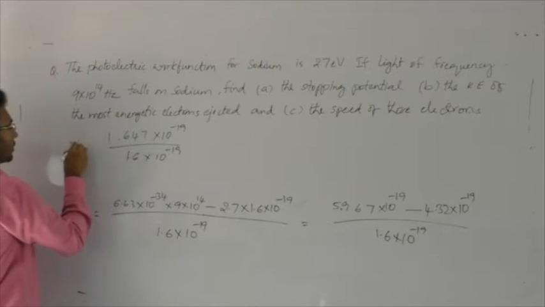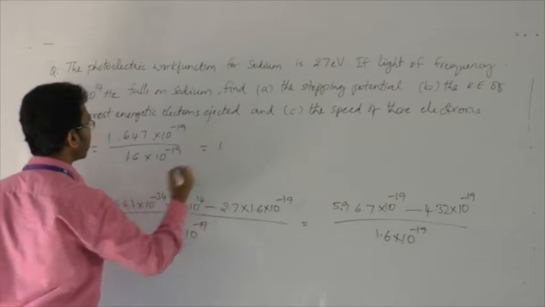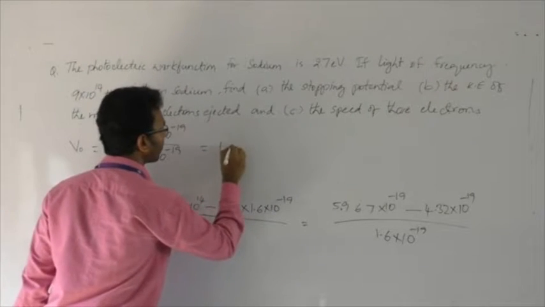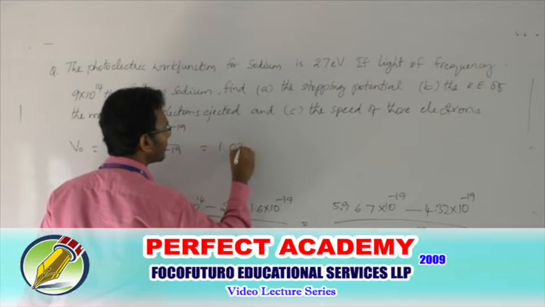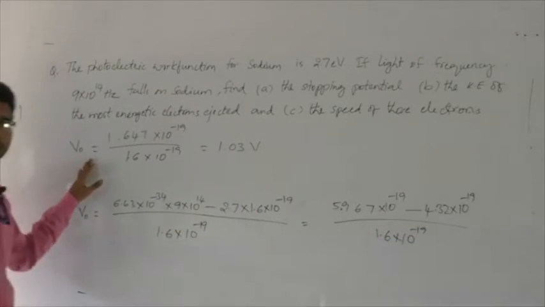So this is your V naught. After simplifying this, we will get approximately 1.03 volts. So this is the stopping potential.